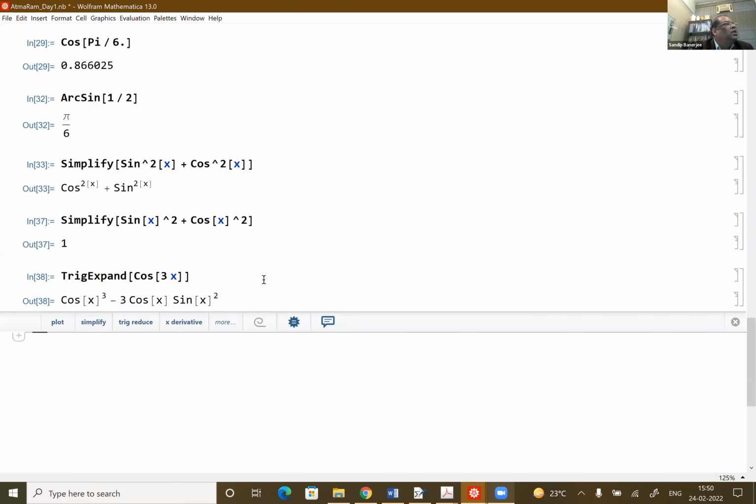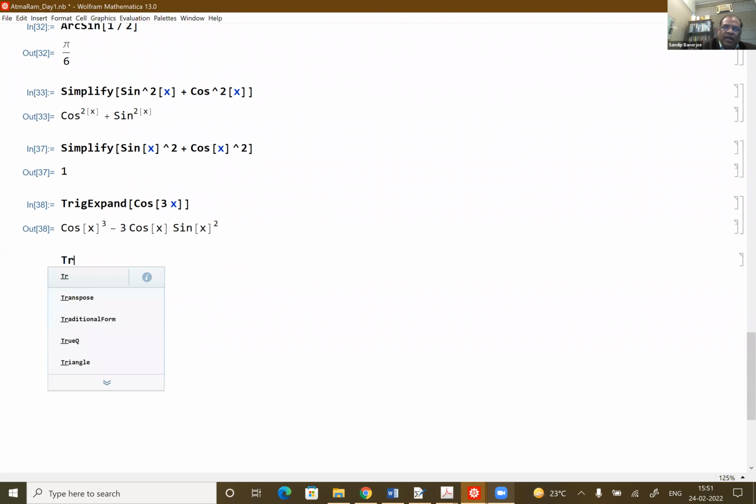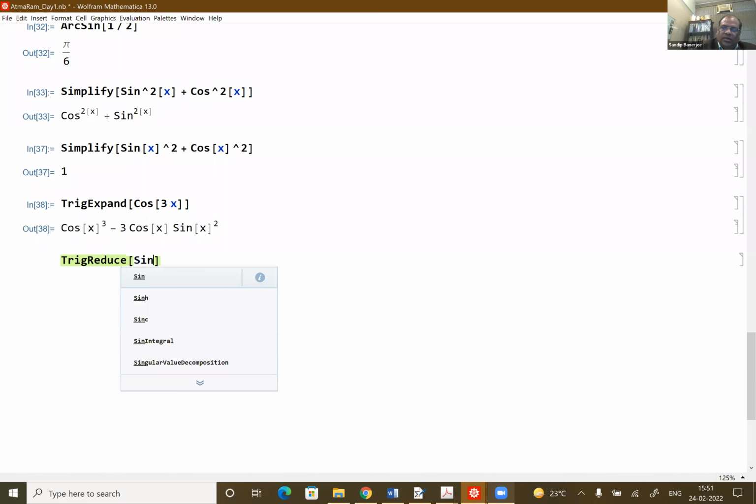Okay. Then if you want to quickly simplify, TrigReduce. Say sine 4x cos 10x.